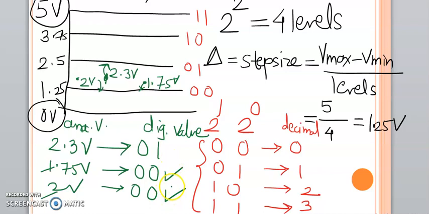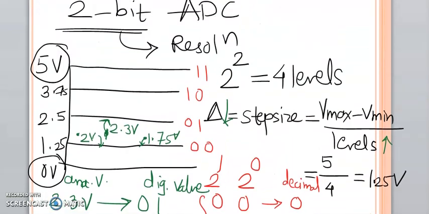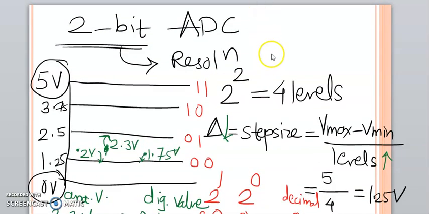This can be minimized by decreasing the step size. So how to decrease the step size? By increasing the number of levels. And how to increase the levels? By increasing the resolution. So here instead of 2 bits of resolution, if we thought of 3 bits, then you can have appropriate conversion.